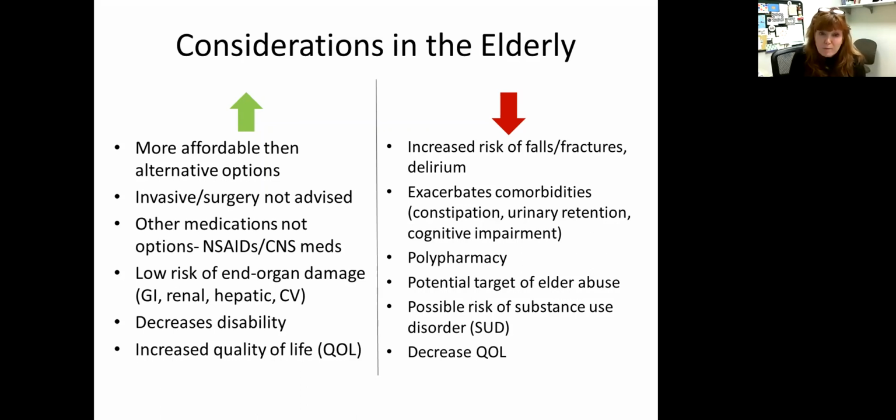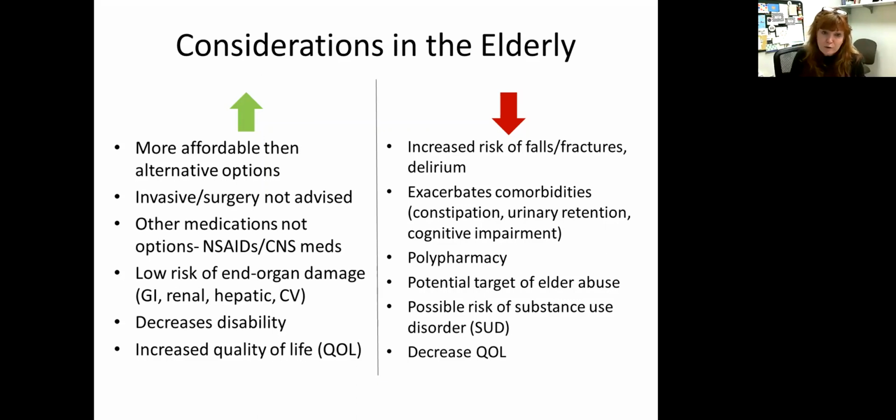Also for the elderly population, invasive procedures and surgeries are not an option or not a good option. So opioids actually can present a safer option for those people. And they do have very low risk of end organ damage. So GI, renal, hepatic, cardiovascular issues are not really something we need to think about.